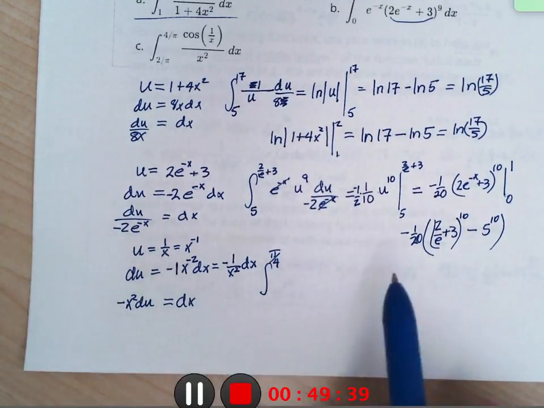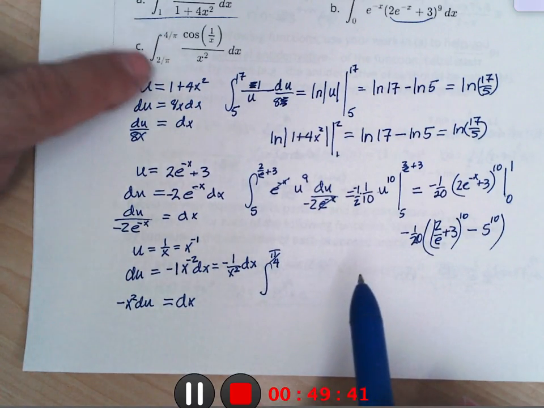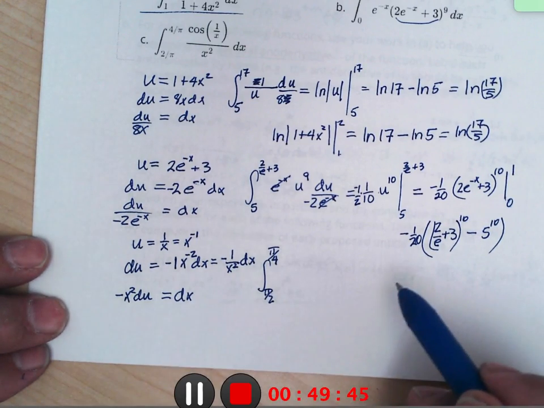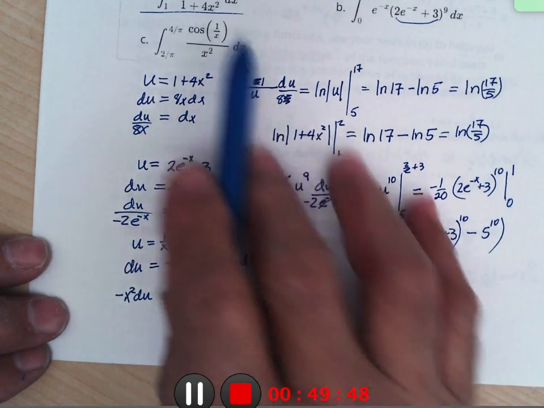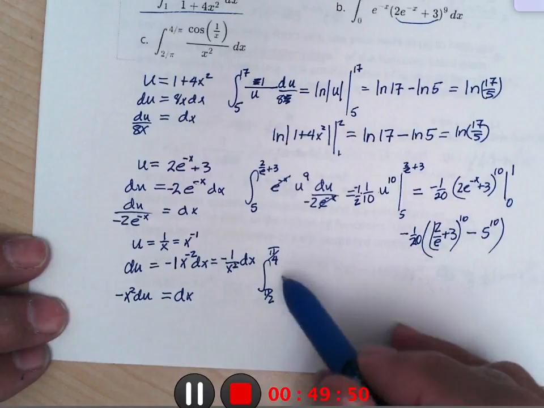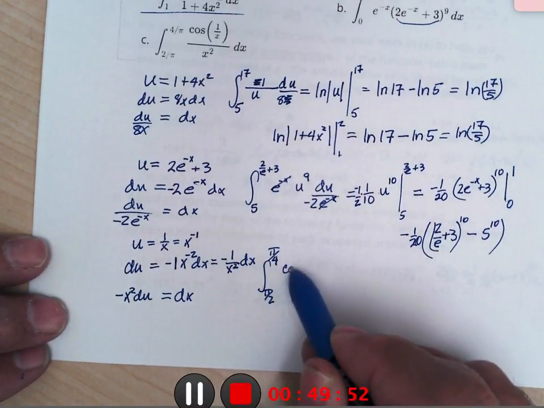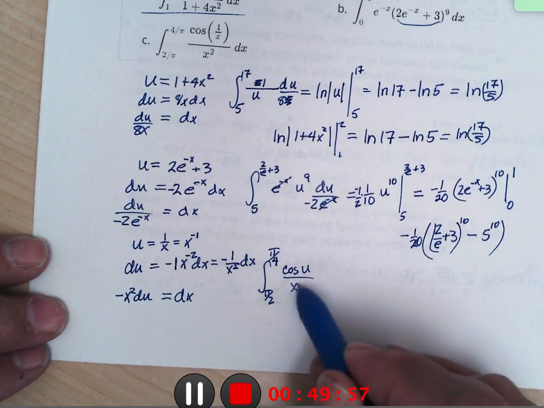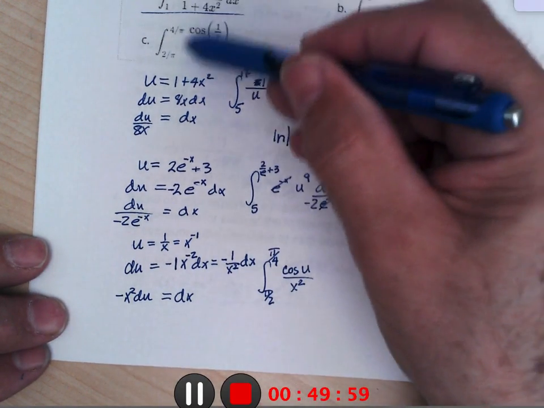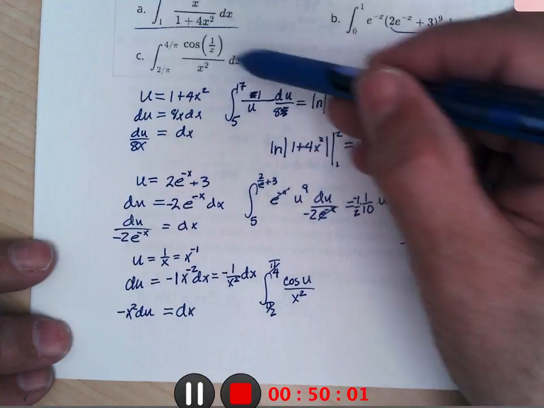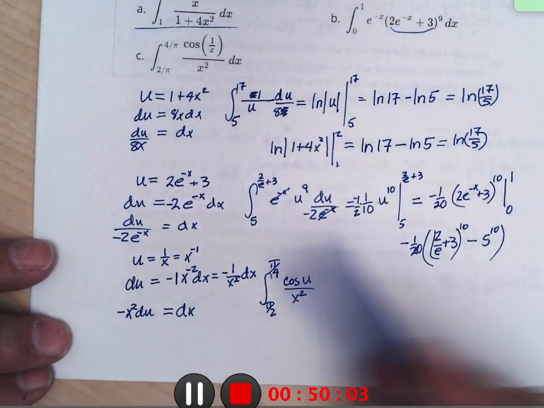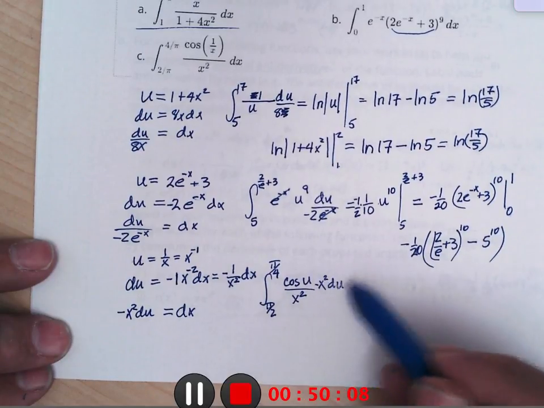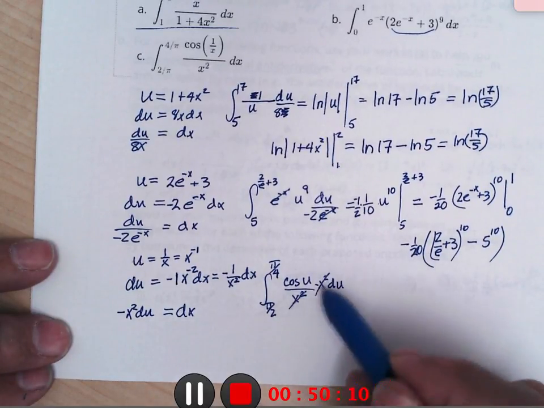So that's going to turn that over, and that's going to turn this one over to pi over 2. And the antiderivative of cosine of u over x squared, that's this part, and then the dx becomes negative x squared du. The x squareds cancel, the negative doesn't, so I get negative.